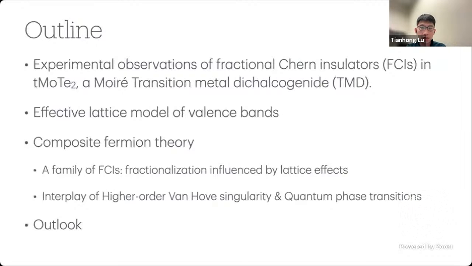The main part of my slides would be how we use composite fermion theory to describe a family of FCIs where fractionalization is heavily influenced by lattice effects, and also how the quantum phase transitions of FCIs interplay with a higher order Van Hove singularity. At the end, I'm going to show some interesting directions we're currently exploring or would like to explore.